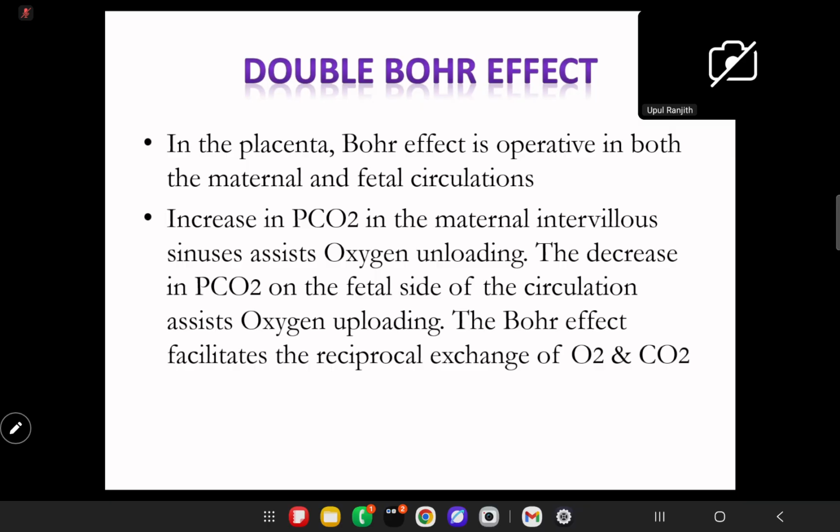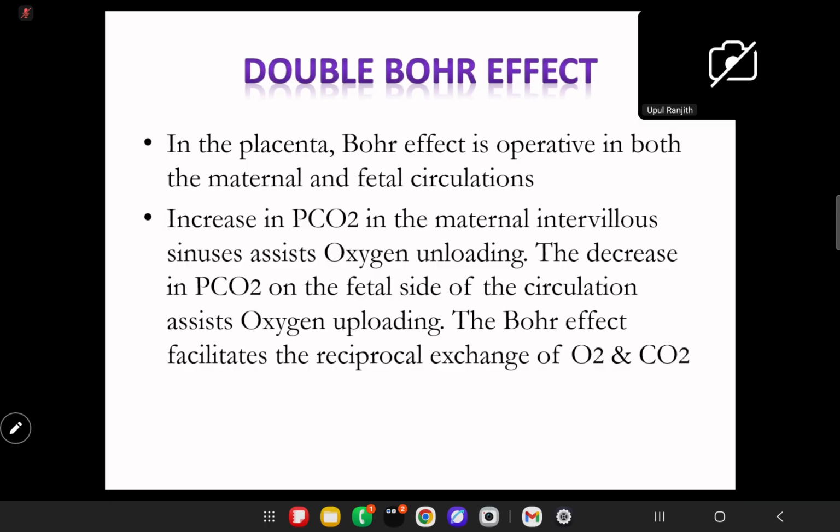Carbon dioxide is released from the fetal side, and that facilitates the unloading of oxygen from the maternal side. The decrease in PCO2 on the fetal side of the circulation assists in oxygen uploading.